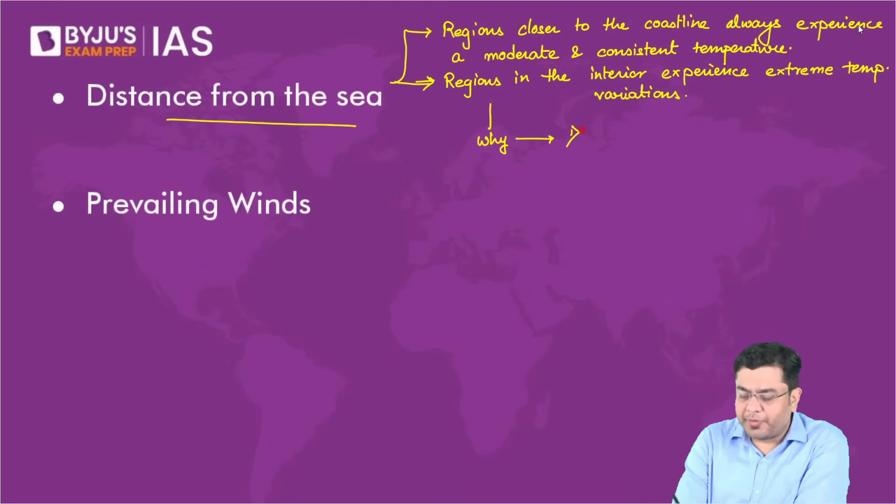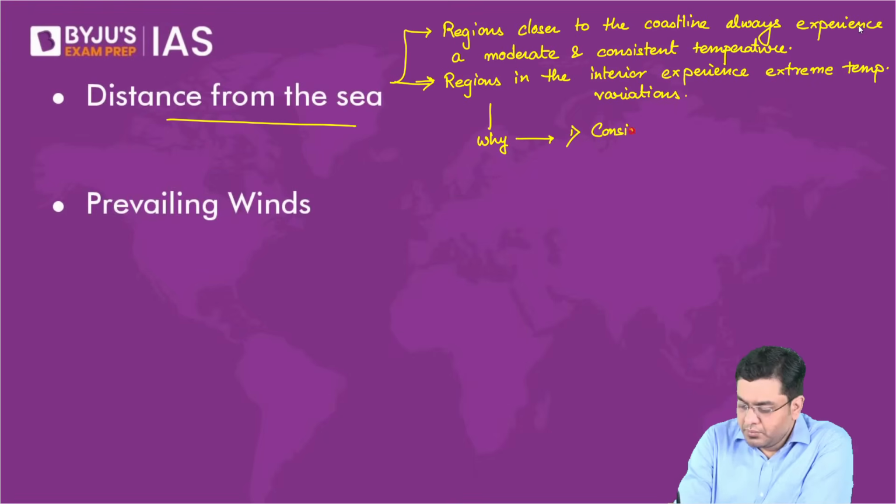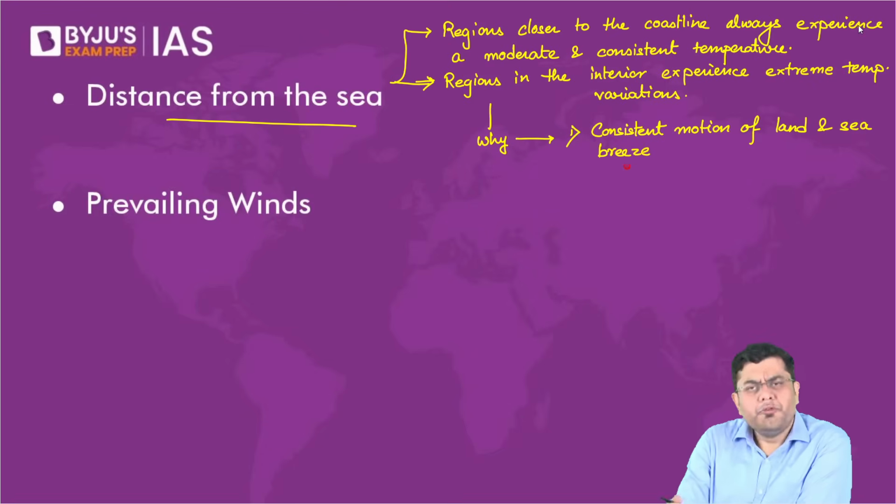If you take a look at the two factors, the first factor is the consistent motion of land and sea breeze. We'll understand land and sea breeze in the next module when we expose ourselves to the aspect of pressure and wind movement.